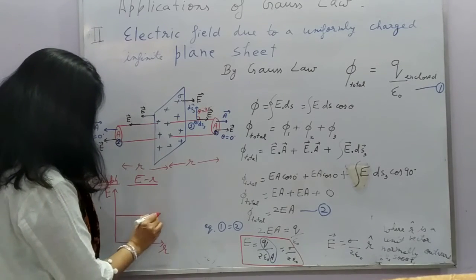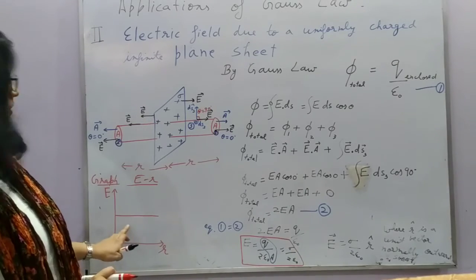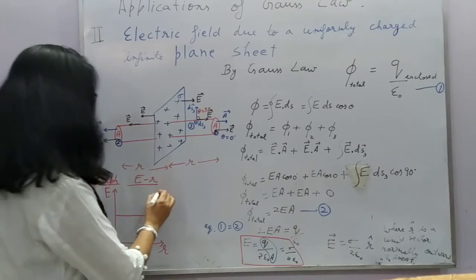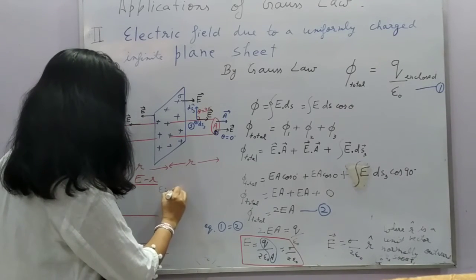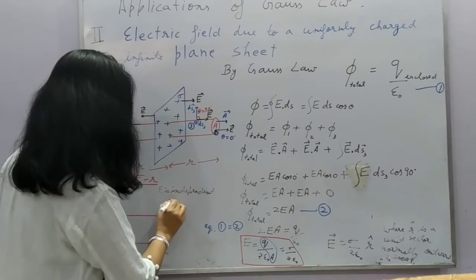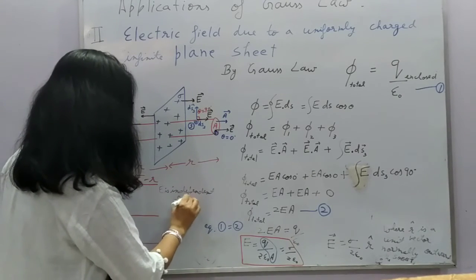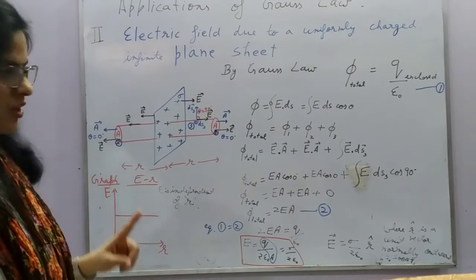So you can say that the E-r graph is this one, where this graph is parallel to the r axis. That means E is independent. I hope you understood.